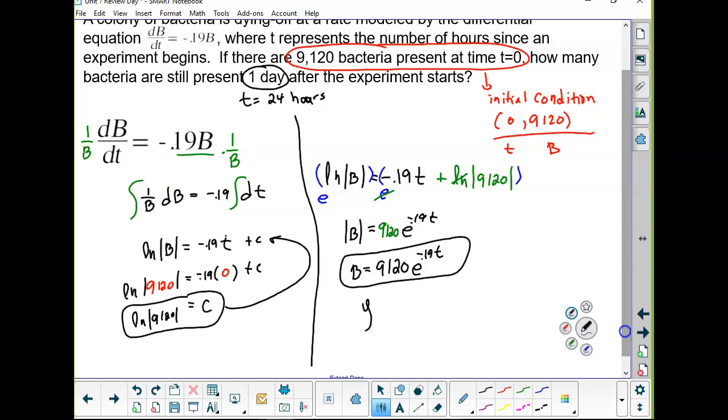You don't have to write this, but doesn't that look like the PERT formula that we learned way back in Algebra 1? So you technically could go from here to here if you understand the pattern that's involved. If not, do the work that we just did. But we're not done, right? We have to now solve this problem when t is 24. So then you just grab your calculator.